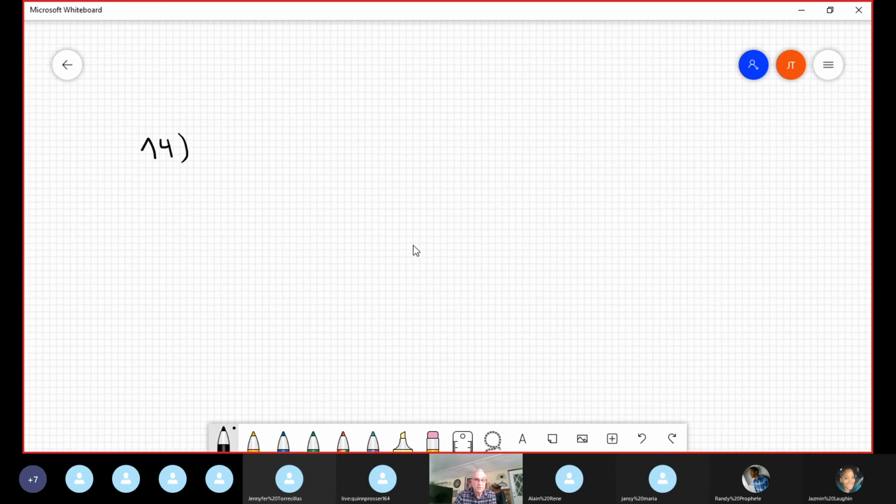Okay. The function is f of x equals, on the bottom, (x minus 3) squared. And on the top we have x squared plus 5x plus 6.